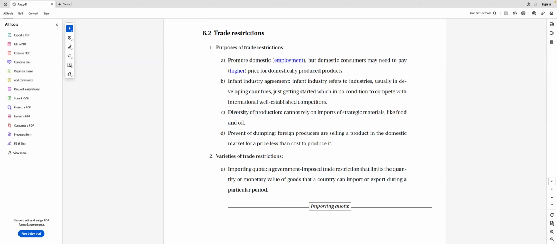To deal with this, under the Trump administration, the American government imposes a lot of trade restrictions on goods and services made in China.